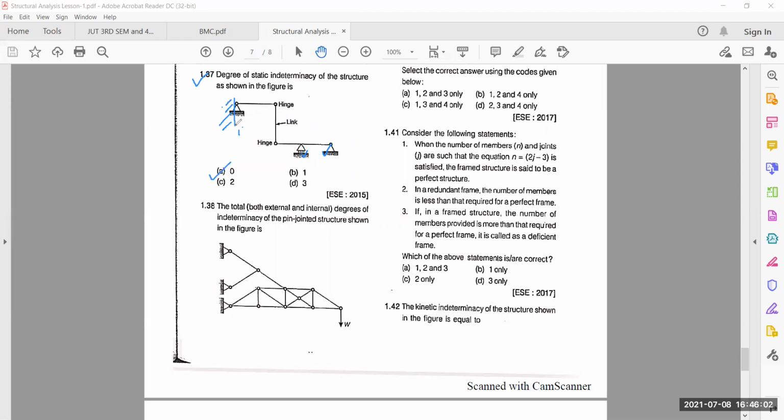You have to remove reactions: here 2 reactions, here 1 reaction, so you remove 3 reactions. The constraints added are at this hinge, one reaction, and here also one reaction. So you remove 3 reactions to make this beam a cantilever beam. So 3 minus 3 gives 0. So DS comes out to be 0 for this structure.